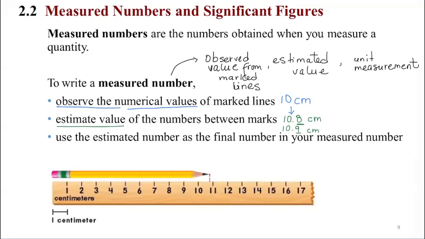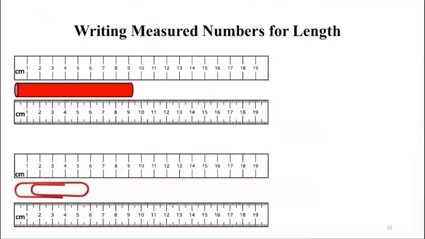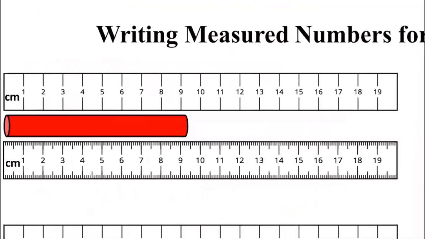Now, let's actually move on and look at examples of utilizing different instruments and how we are going to report those measured numbers differently depending on the instrument that we have. So let's actually look at these two rulers, okay? These two rulers measure about 20 centimeters, as you can see here.